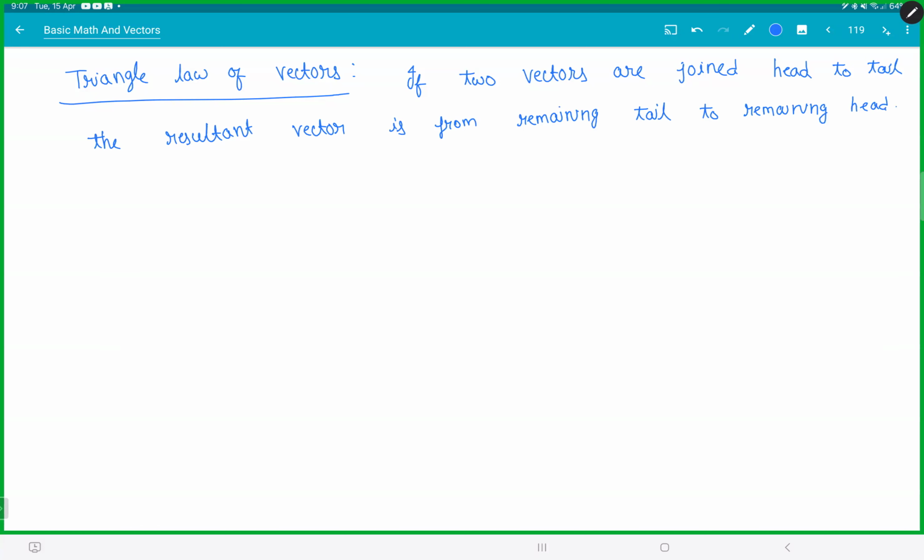What do you mean by that? Think of it simply: let's say you're walking from here to here, A bar, and then you walk from here to here, B bar. If I ask you what the displacement is, what will you say? If you ask any person how you walked from here to here, what will they say?